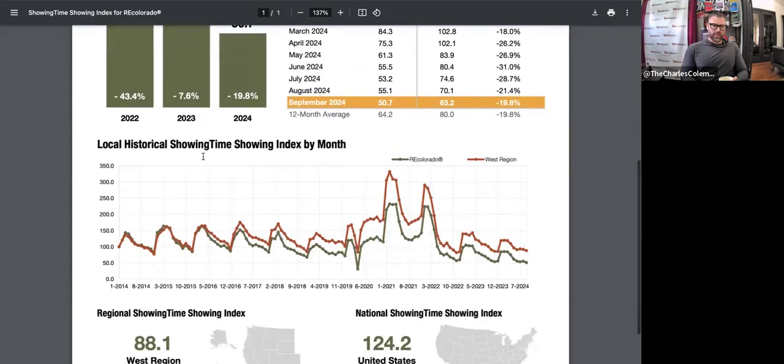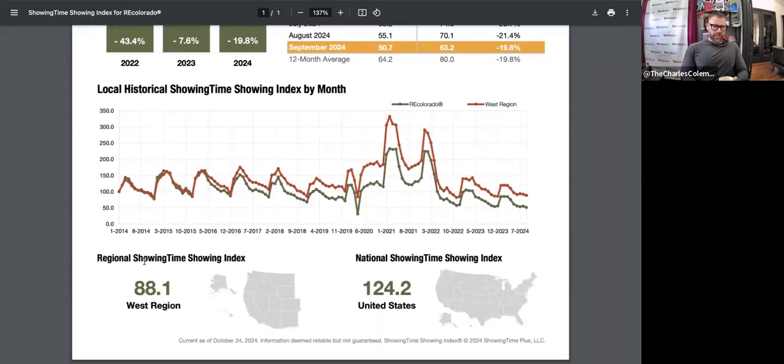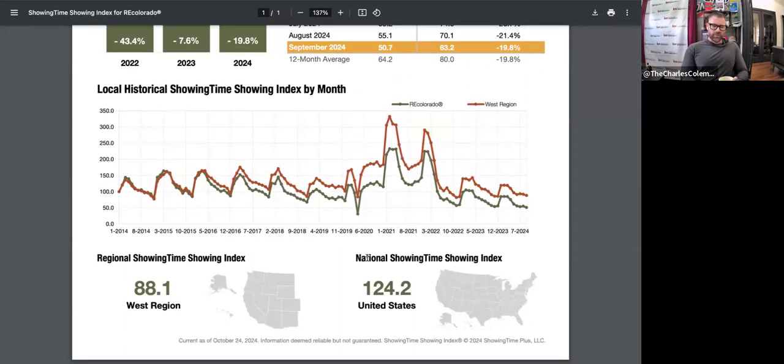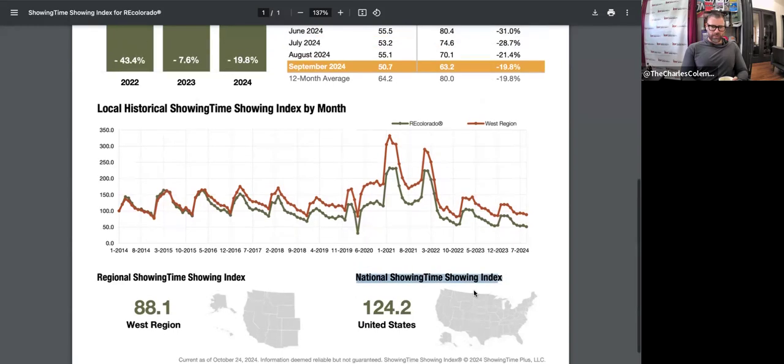So we're seeing less showings. It's saying regional showing time showing index for the Western region, which it puts us in, right? Here's Colorado on the map. We're sitting at 88.1% for our showing index, which is just the strength of showings, versus the national showing index, which is 124.2. Again, just the strength of showings.